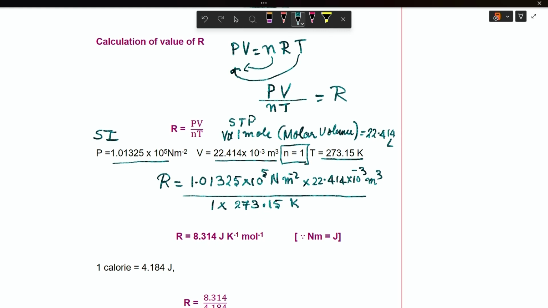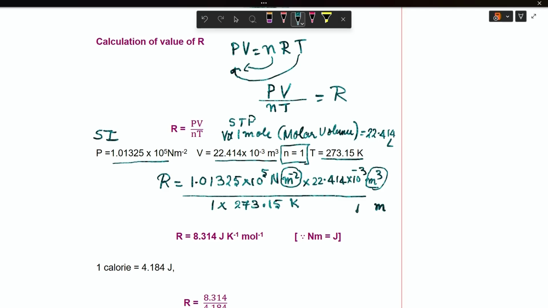Now, you can see here it is meter raised to minus 2 and here we have meter cube. So, this will result in the value of N into m.